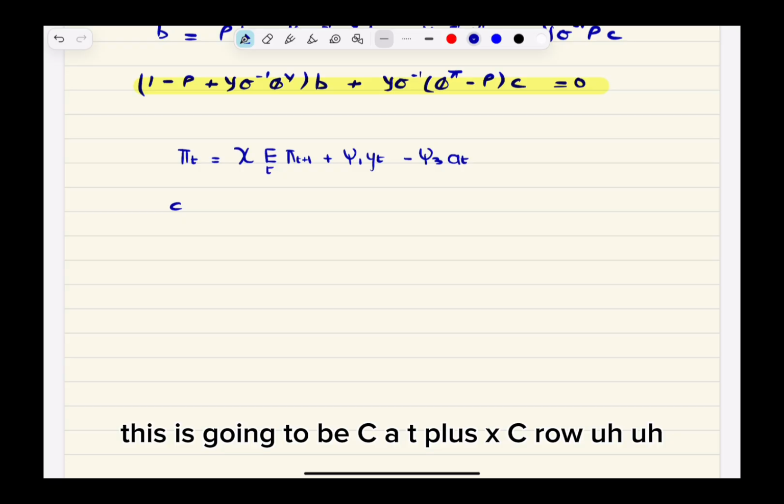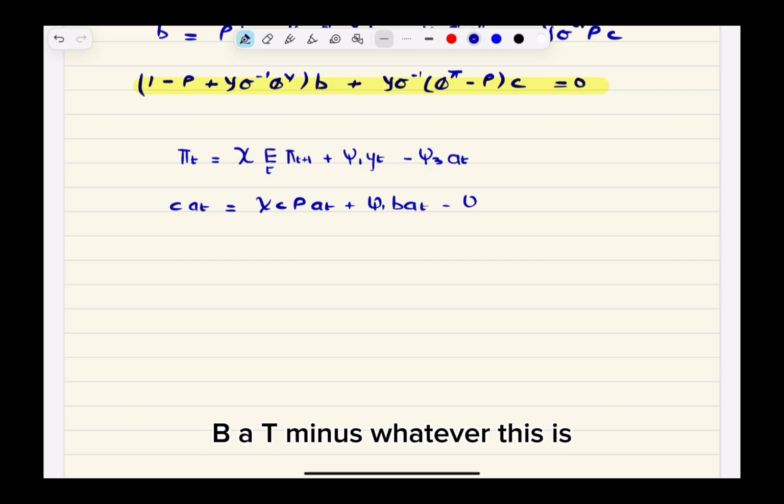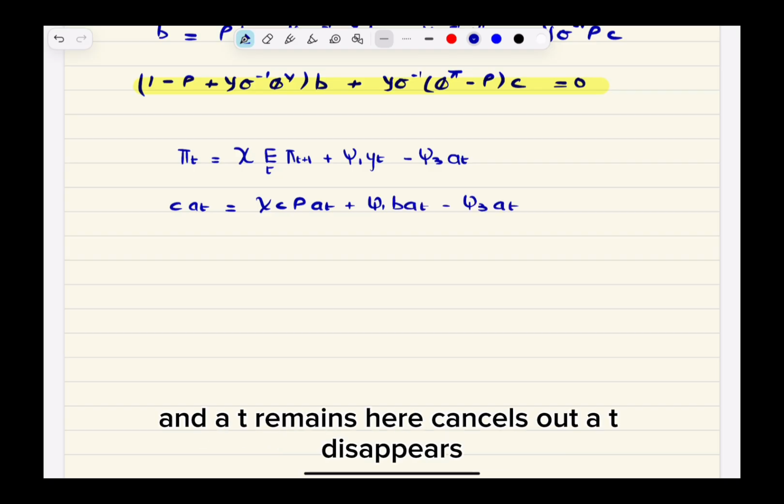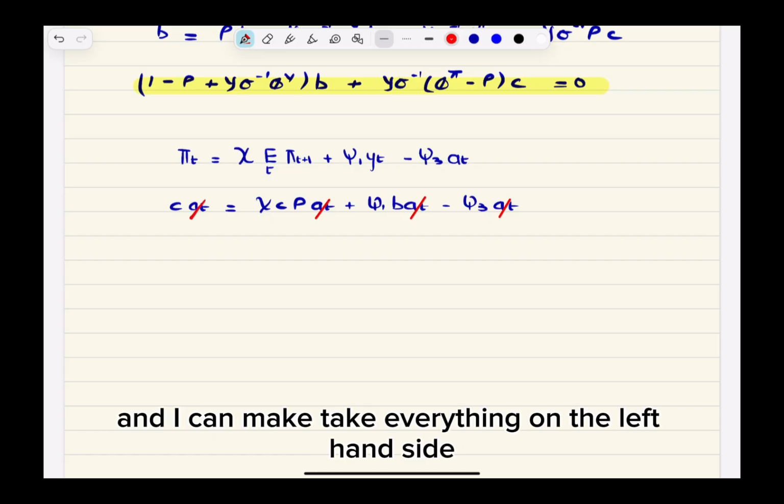This is going to be C A T plus X C rho A T plus whatever the sign is, B A T minus whatever this is, and AT remains here, cancels out, AT disappears, and I can take everything on the left hand side.